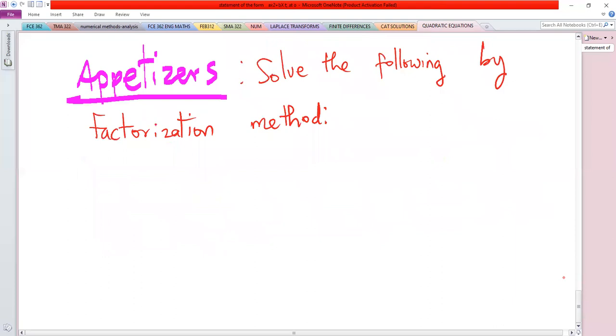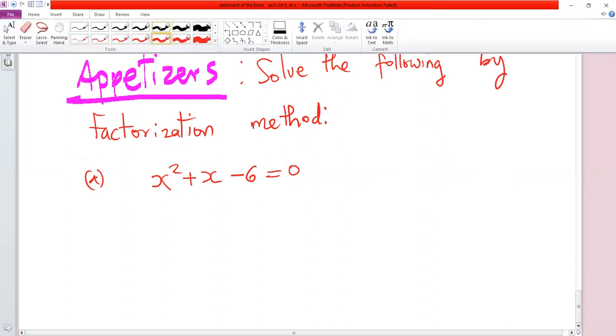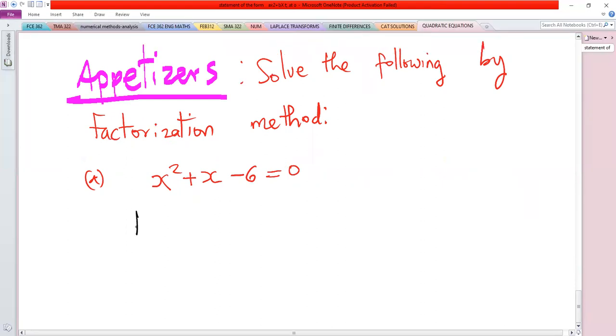The first one, A: x squared plus x minus 6 equals 0. In this case, product is given by the coefficient of x squared, 1, times the c, minus 6, which is minus 6.